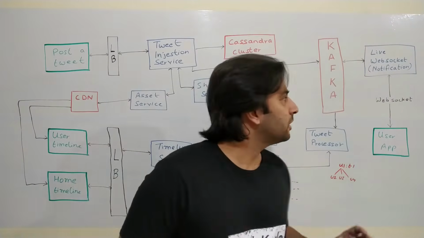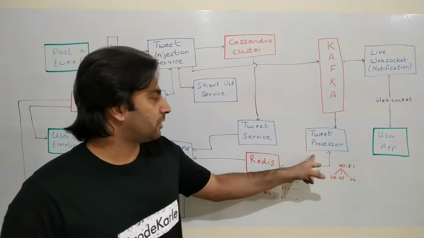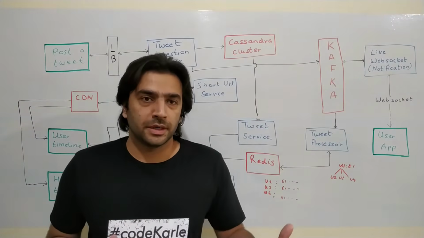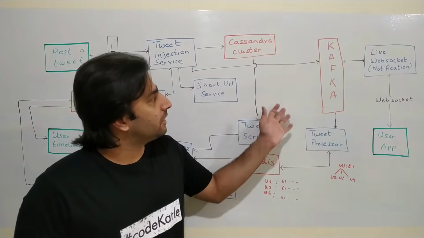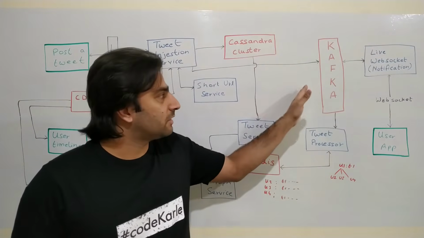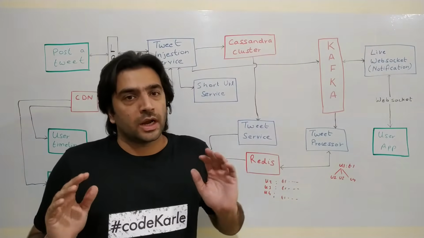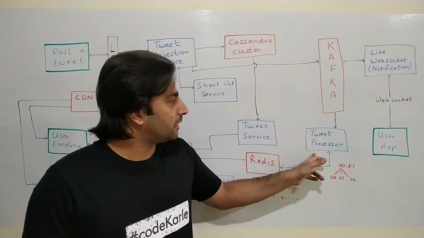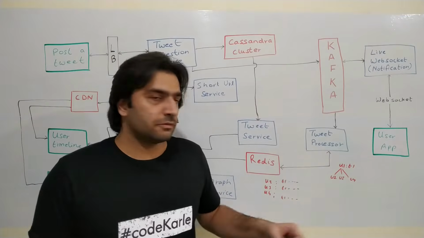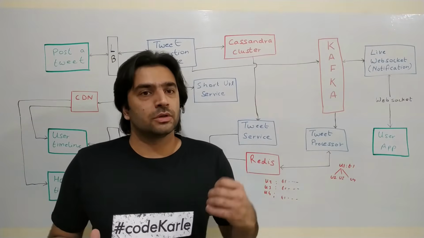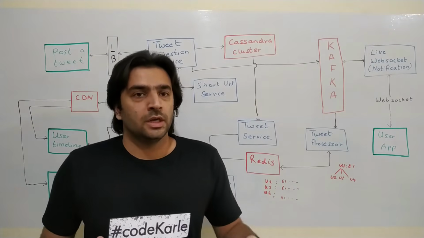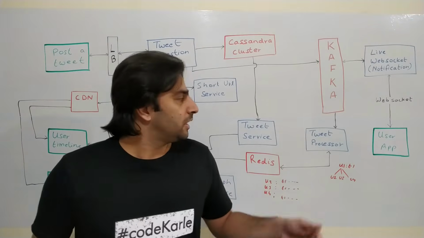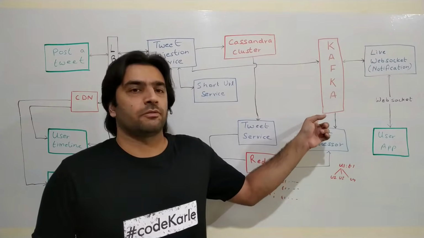What we could do is, the tweet processor anyway knows whose timelines have to be updated, and all the tweets are anyway coming to this Kafka, and we also know who the live users are. Once the tweet processor figures out that a particular user's timeline is to be updated, and if it figures out it's a live user, it actually puts an event back into Kafka.